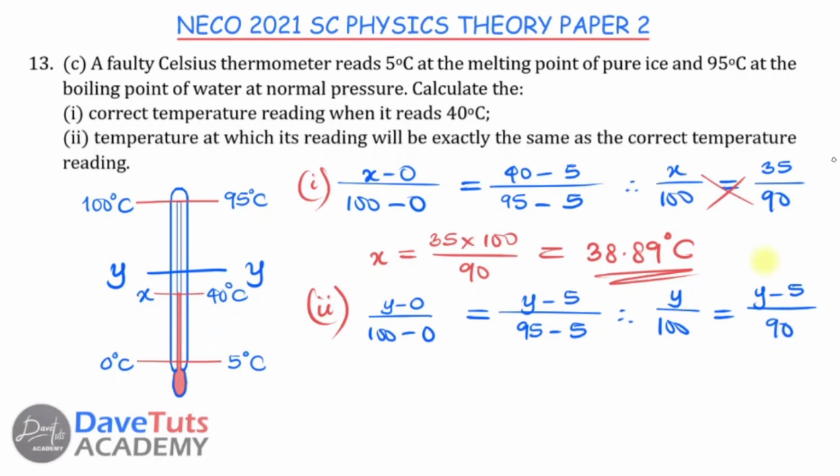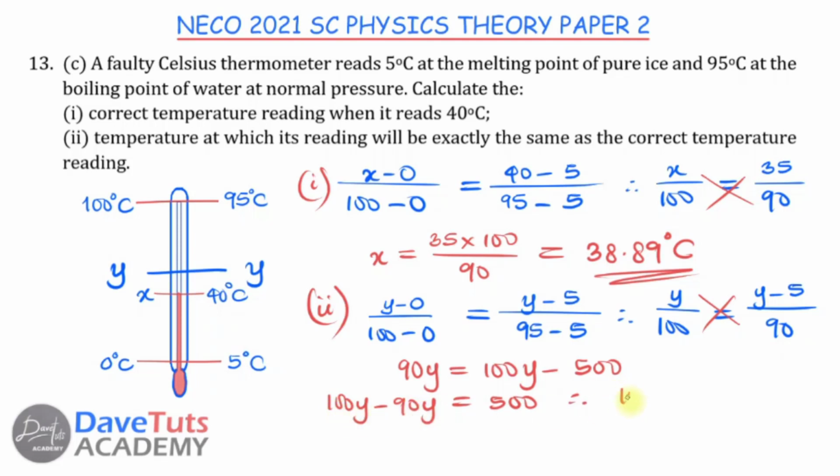Easily, I can cross multiply this, so that 90Y is equal to 100 times Y, which is 100Y, and 100 times minus 5 is minus 500. If I rearrange, I'm going to have 100Y minus 90Y is equal to 500, and that means 100 minus 90 is 10, so 10Y is equal to 500.